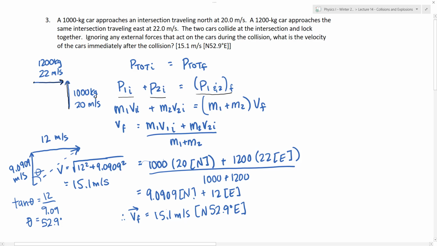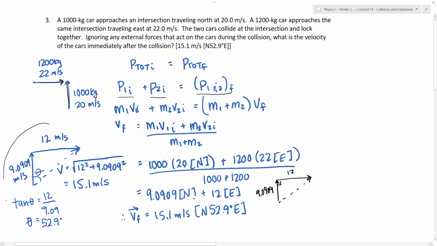I want to make sure that you're understanding this. When I get this 9.0909 meters per second north plus 12 east, what I'm doing is adding the two components as vectors. One is going north, which is 9.0909, and 12 going east. When I add them, I need to use the Pythagorean theorem because north and east are perpendicular to each other.